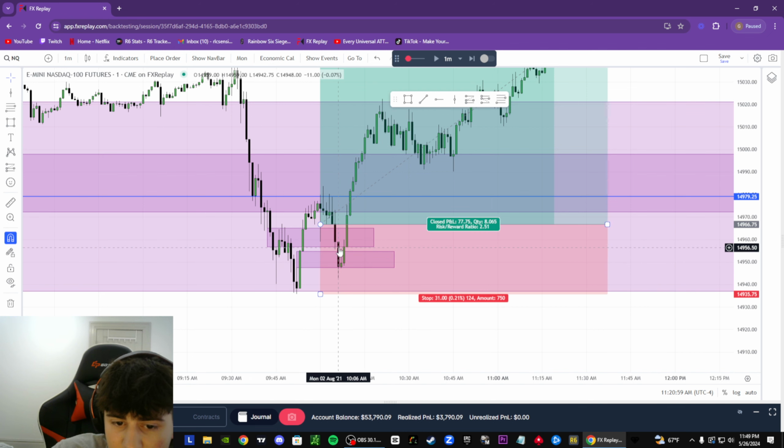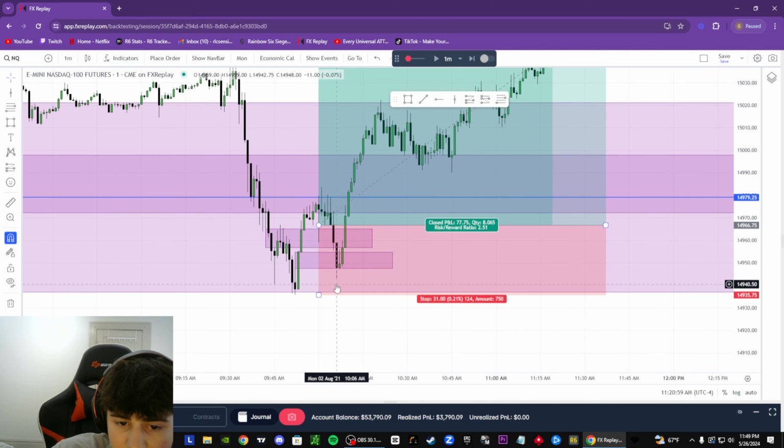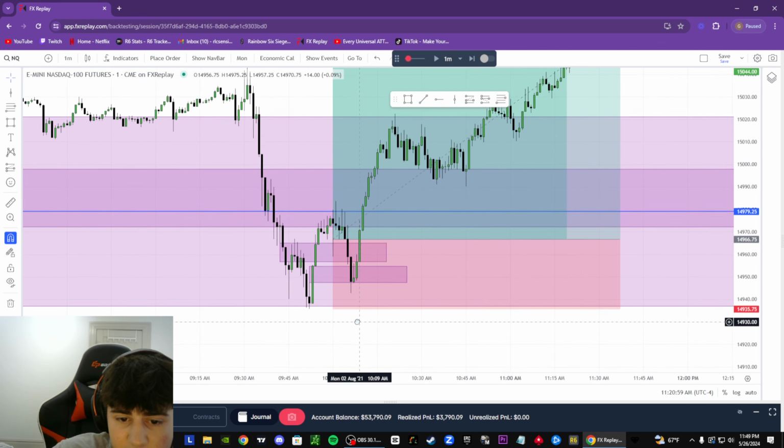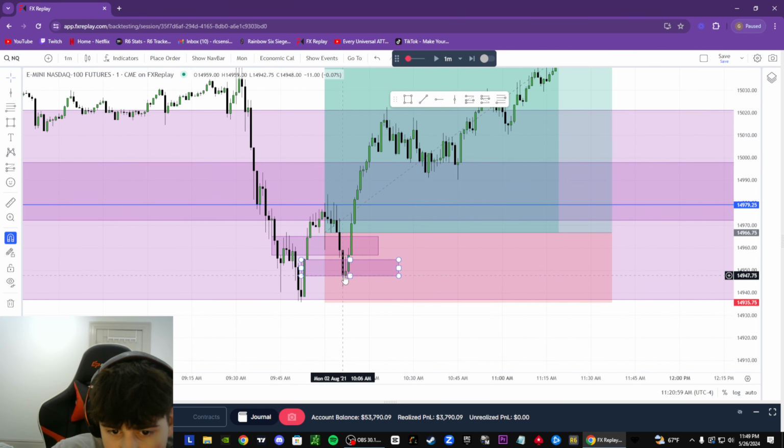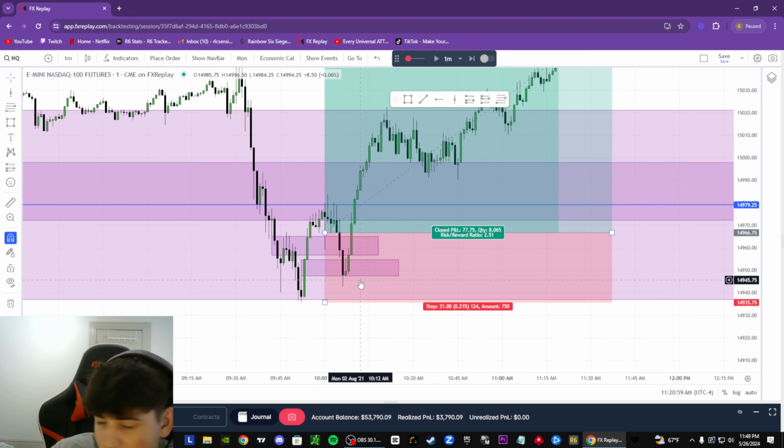And by that I mean a candle closing a good amount below this, right? But as you can see, just like we had on the higher time frame, these bodies are perfectly respecting it, right? So we close this gap and we're off, right?